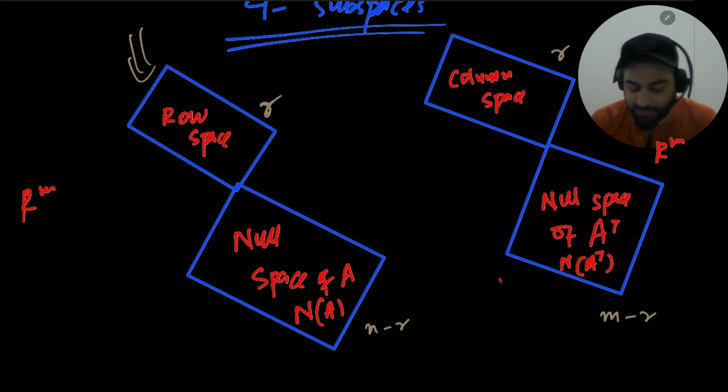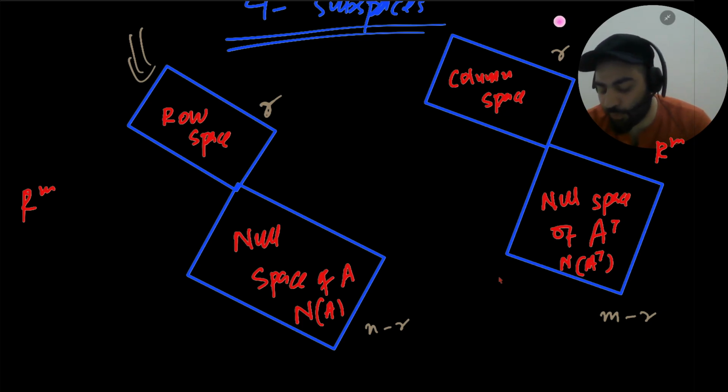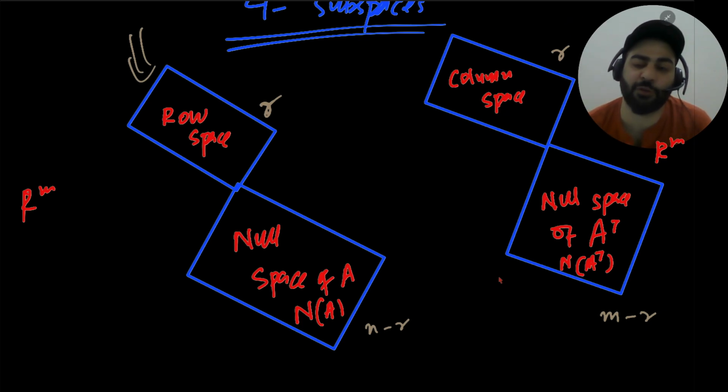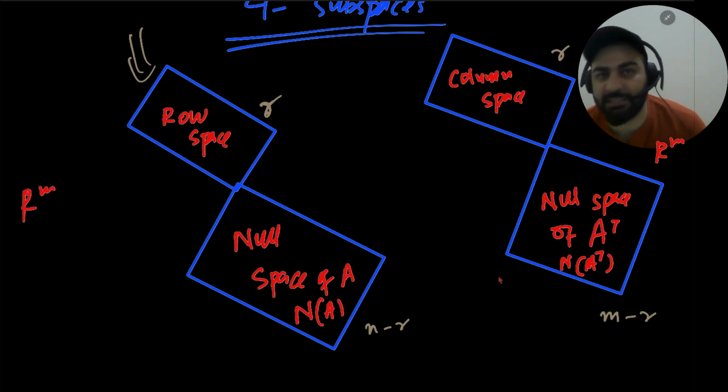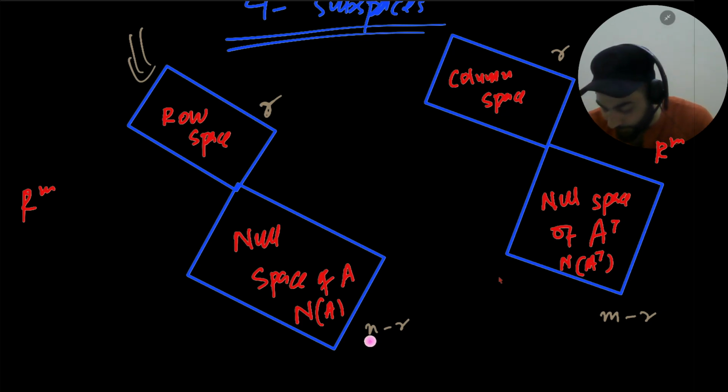The dimension of column space is R because this is the number of pivot columns that we have. That's where we got this R from. And for this null space, what we saw is the number of free variables. The number of free variables was n minus R. That's where we got these values from. And if you see, this is just the flip of this.